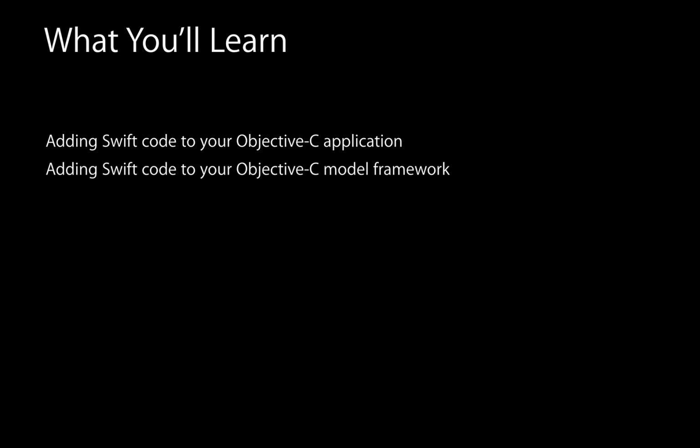We'll talk about how to start accessing a pure Swift framework, which will probably start showing up, from an Objective-C app. And then we'll talk, as we go along, about how to adopt some of the common, well-established Cocoa patterns in Swift. And again, Swift is designed from the ground up to be a great Cocoa Touch development language, and so it has language support for some of the Cocoa idioms that we've gotten used to.